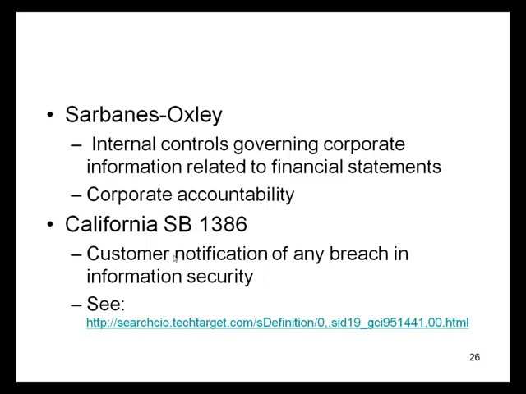What this has essentially done is force public corporations to have accountability with regard to the information that they keep and provide, and in turn, from an information security perspective, it requires them to tell us what security processes they have and that they've tested them and that they work.